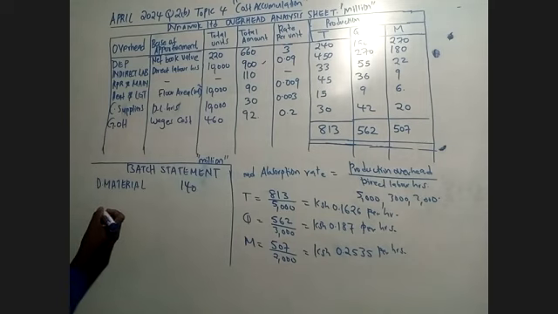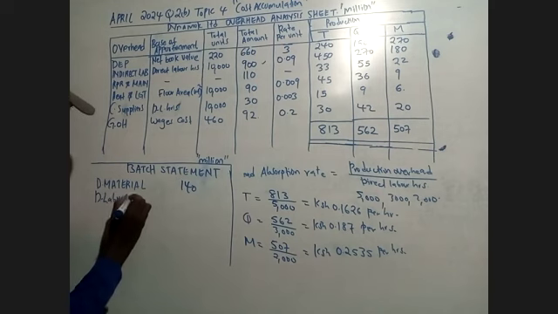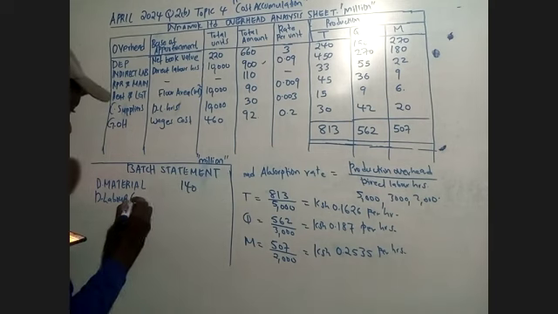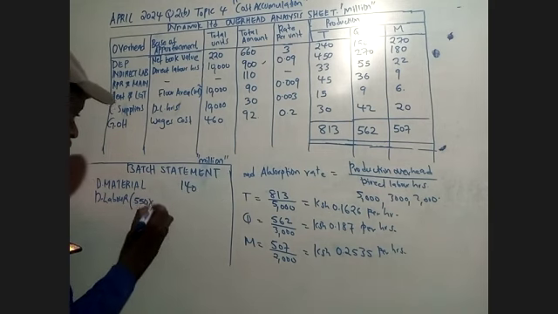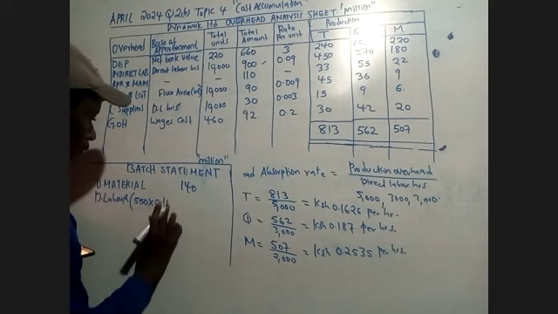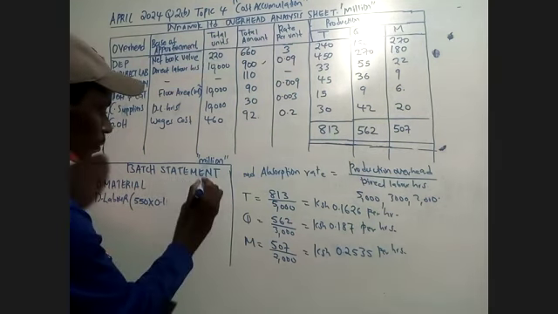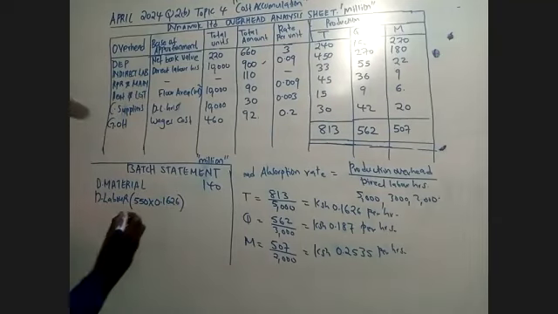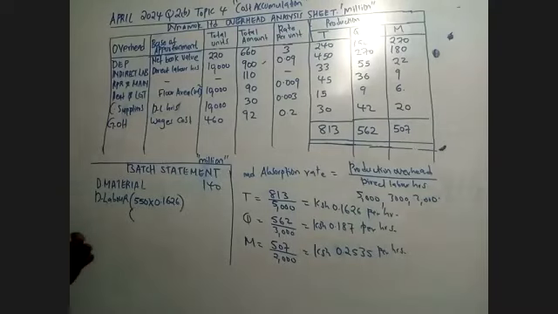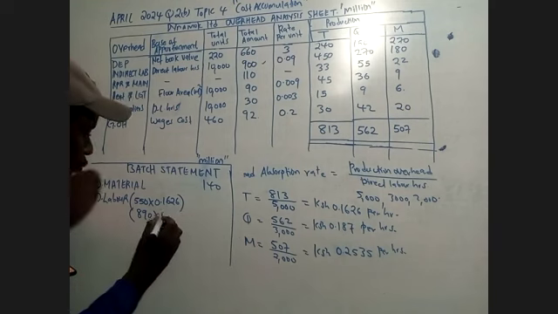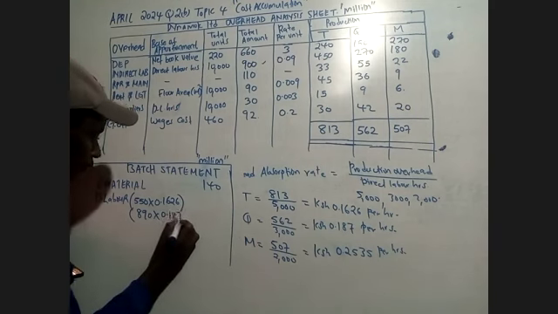Let us start with direct labor. Direct labor. Let us start with the first one, T. Start with T: 550 times 0.1, which gives 1626. Next, Q: 8090 hours times the cost per hour of 0.187.